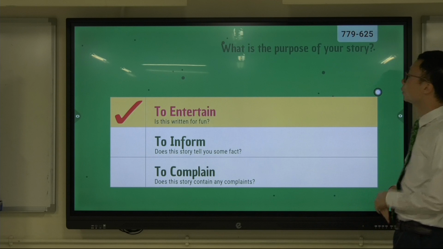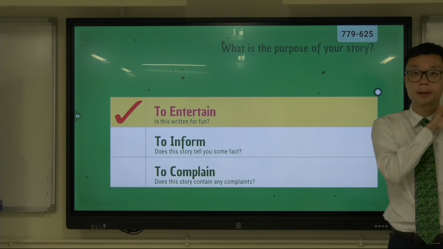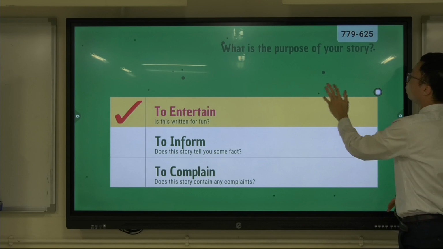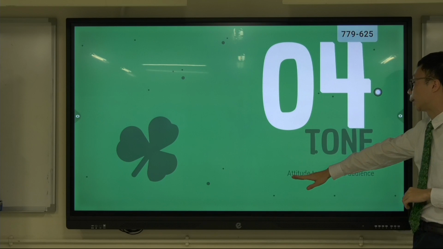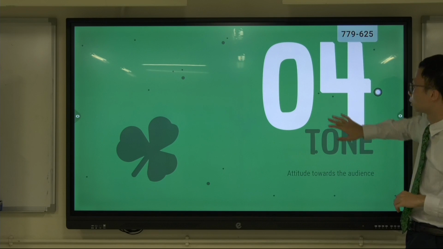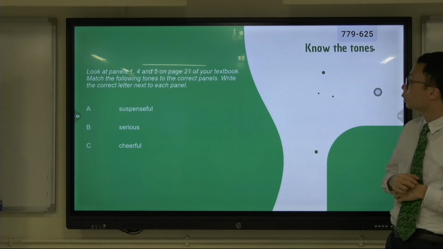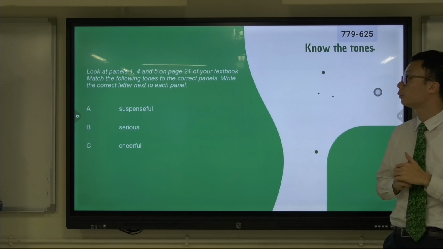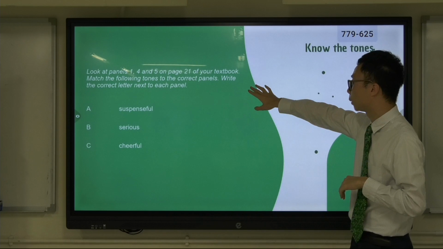All right. So now we have your audience and your purpose, and now we switch to the tone, and that will help you brainstorm more of your ideas. Tone means an attitude towards the audience. Just quickly look at panels 1, 4, 5 on page 21 of your textbook, and match the following tones to the correct panels.